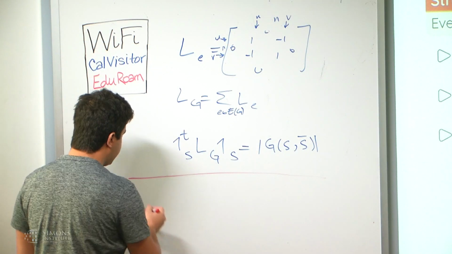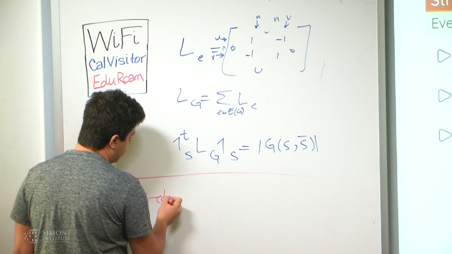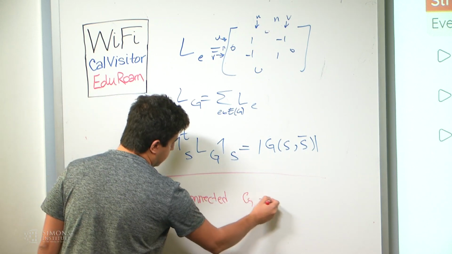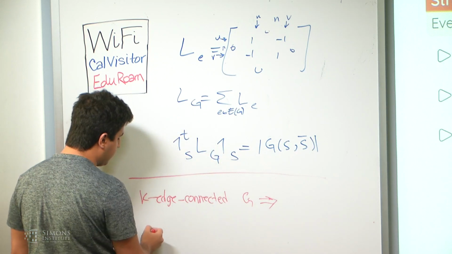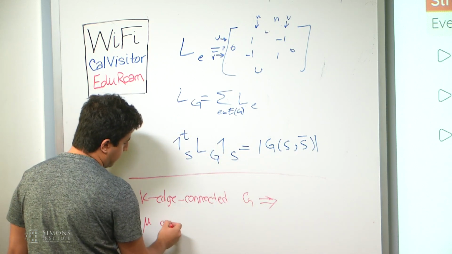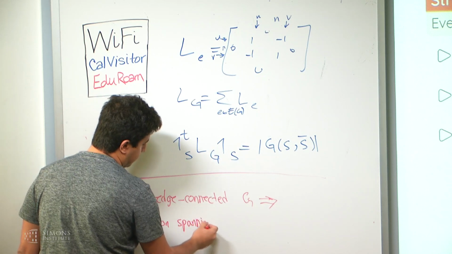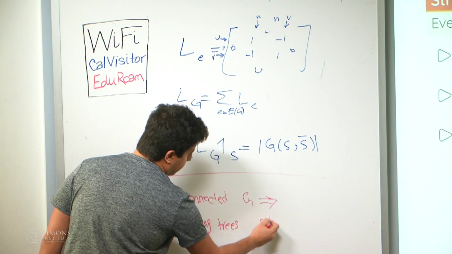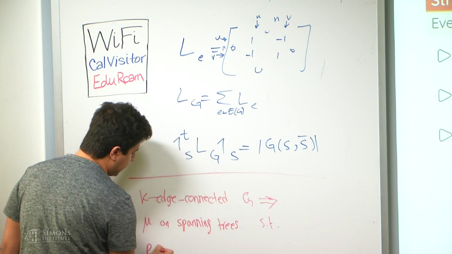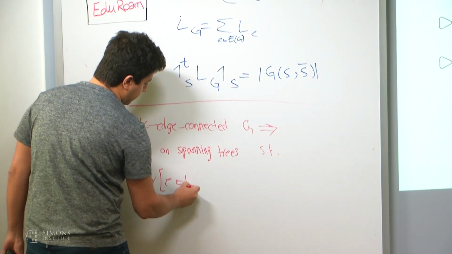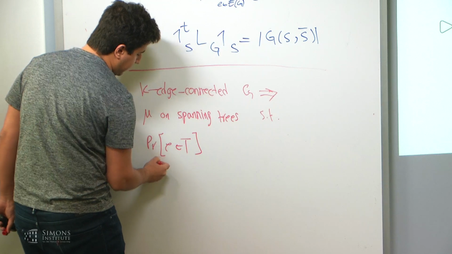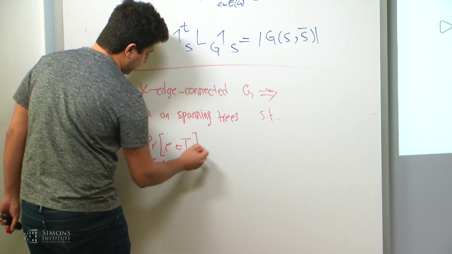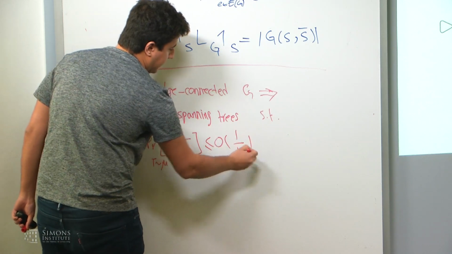Having a k-edge connected graph implies that you can always choose a measure mu on spanning trees such that the probability that each edge is selected in your collection of spanning trees is bounded by 1 over k.